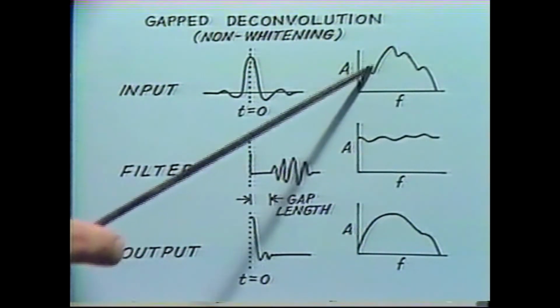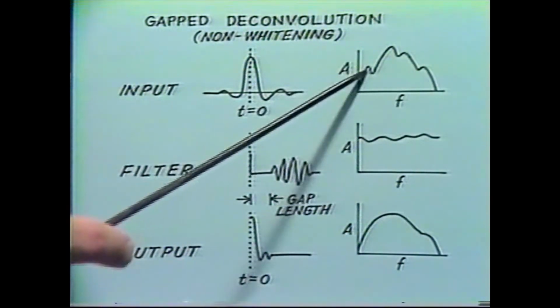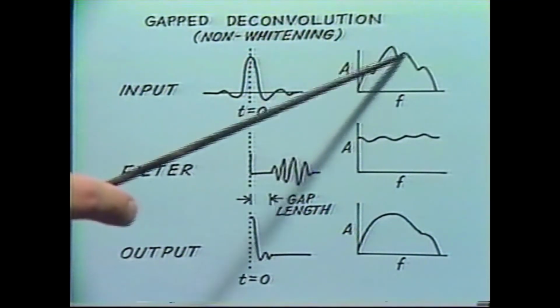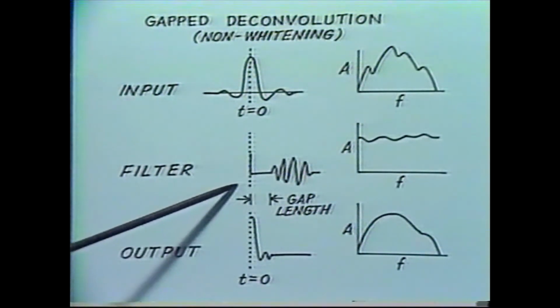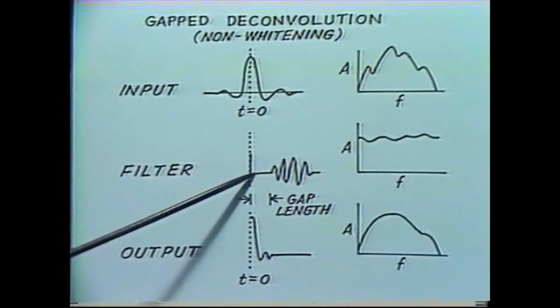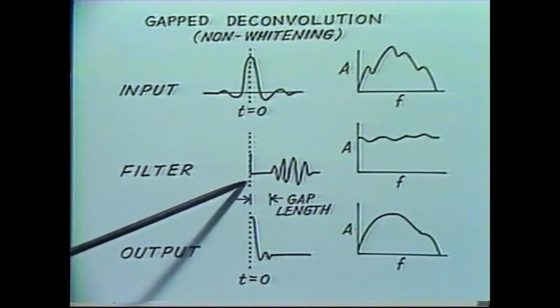We've taken out a lot of the notches and the rapidly changing aspects of this spectrum. Gap deconvolution is effective for dereverberating so long as this gap length is less than a reverberation period.